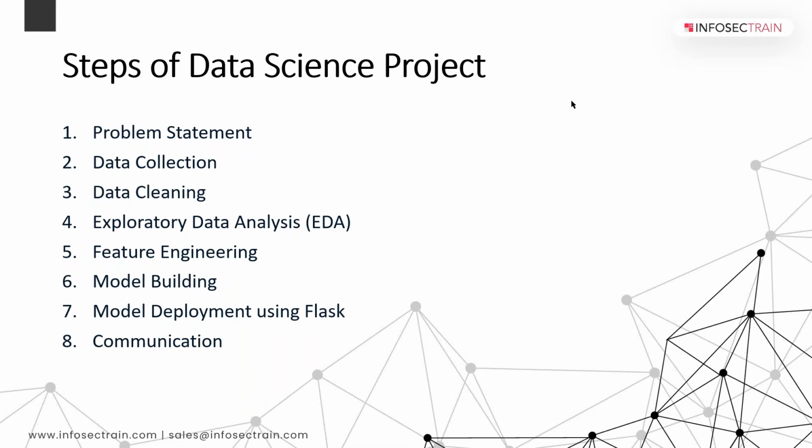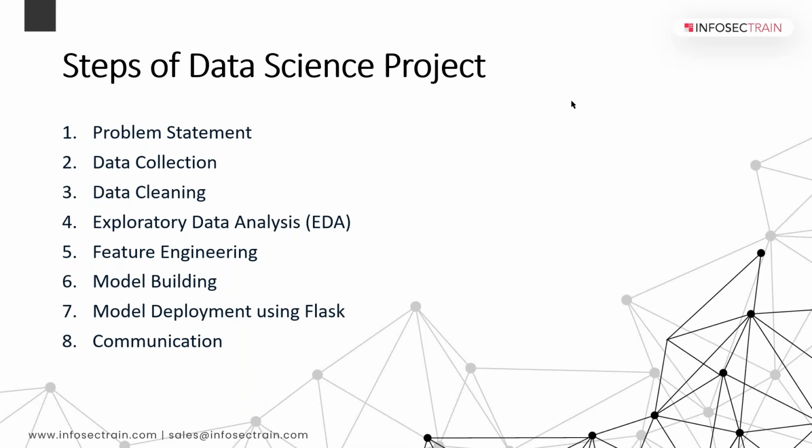So in real life, when you are applying all these steps, there is no specific fixed order. When you are doing data cleaning, after that you can do exploratory data analysis, and in data cleaning itself you can apply exploratory data analysis on your data.